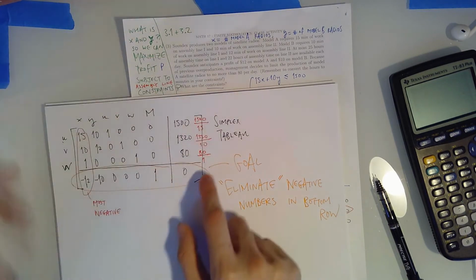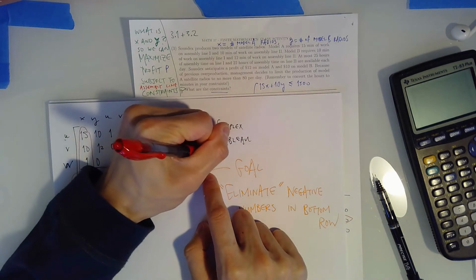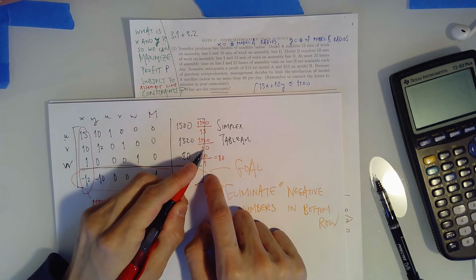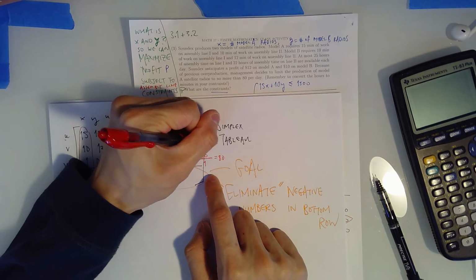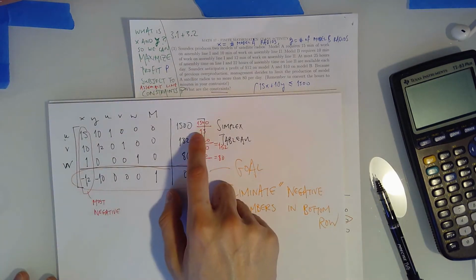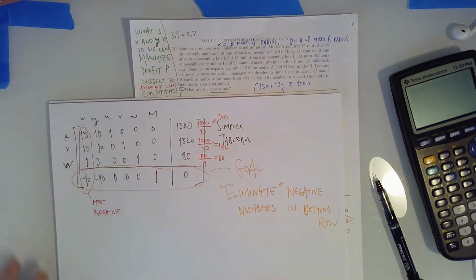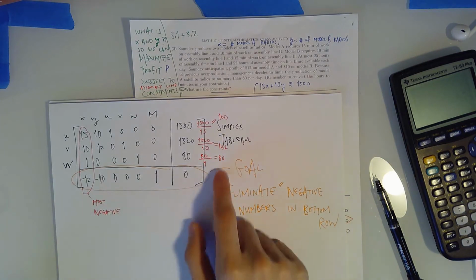What we're doing is looking for the smallest one. 80 divided by 1 is 80, so that one's not too bad. 1320 divided by 10, you just cancel out the 0, so it's 132. And then 1500 divided by 15 is just 100. And we're looking at the smallest.